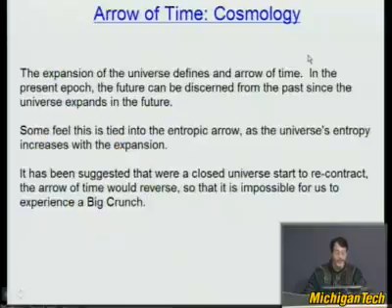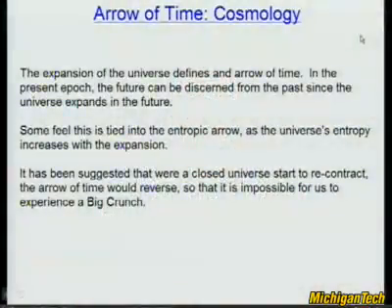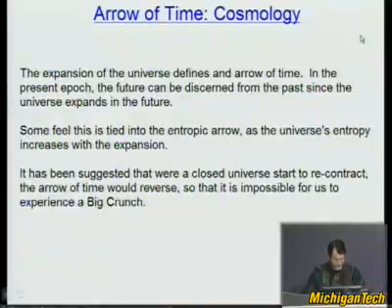It has been suggested, though, that were we in a closed universe that had enough mass so that it would begin to recontract, the arrow of time would reverse. If so, then we're confined to be in a universe that always expands. So even if the universe expands and contracts and expands and contracts, then we can only remember the ones where it's expanding if the arrow of time only points in that direction.